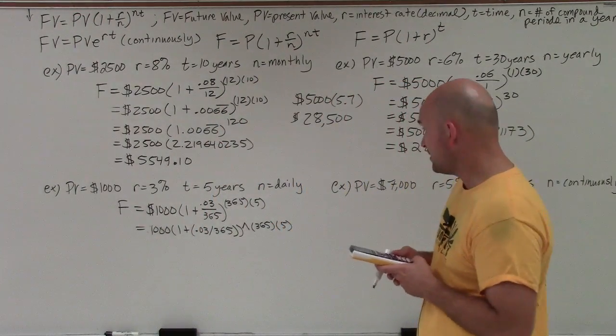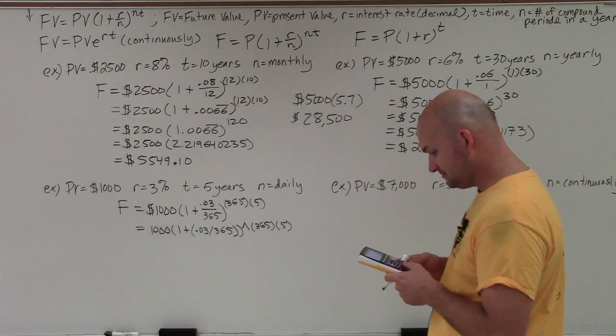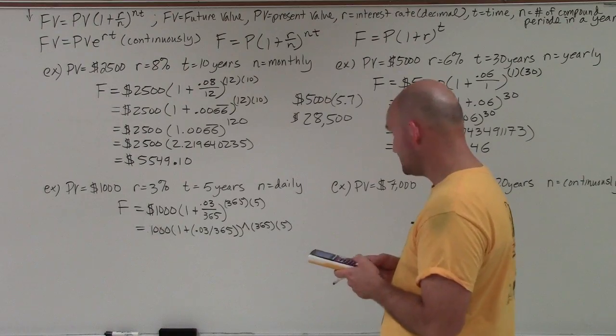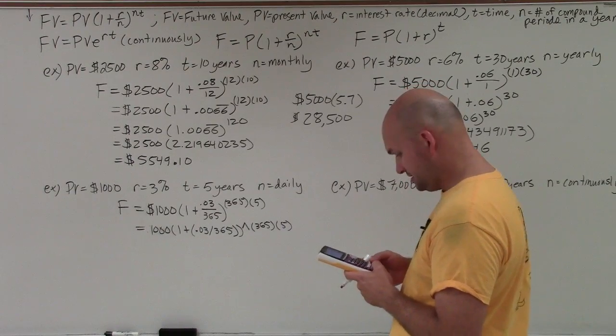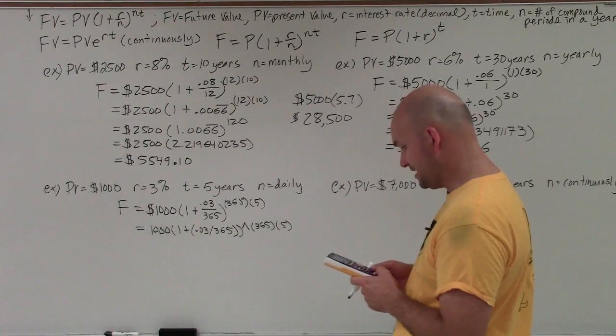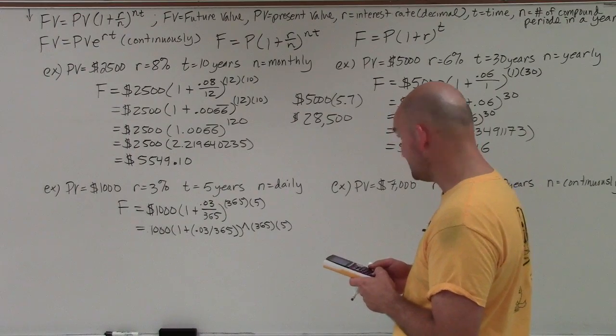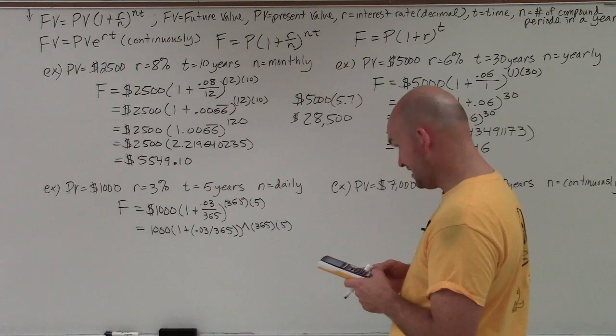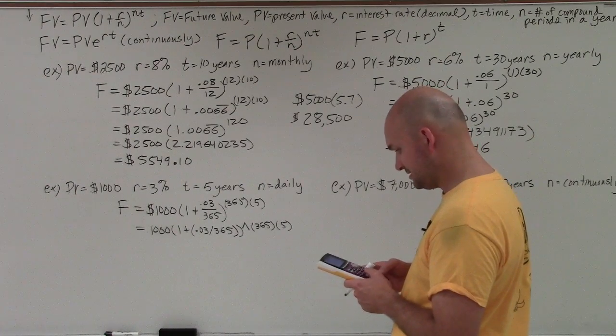So let's try that and see what our value is. We'll do 1,000 times 1 plus parentheses 0.03 divided by 365 and parentheses caret parentheses 365 and parentheses 5.